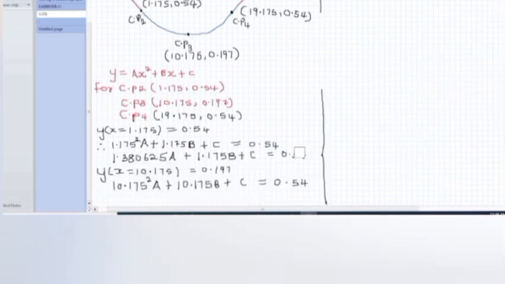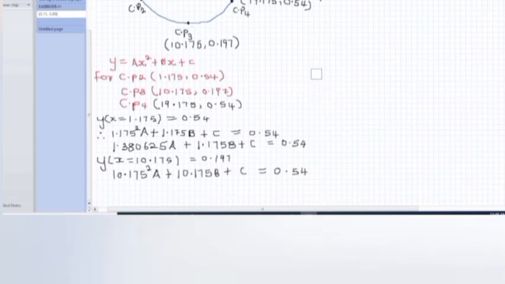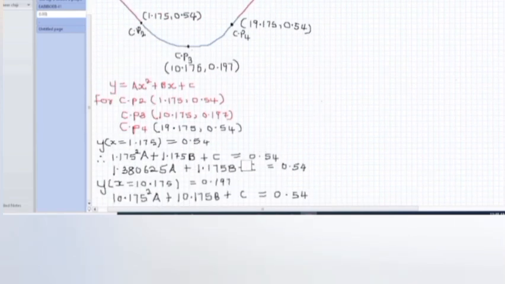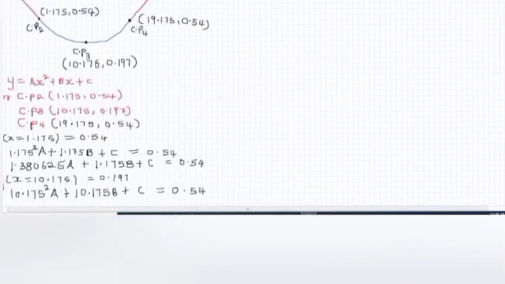Remember we have 3 unknowns, so we need 3 equations. Let me clean off this side. Let's call this equation 1 and this one equation 2. We look for the third equation, which is equation number 3. Once we get equation 3, we can work it out to obtain the unknowns.